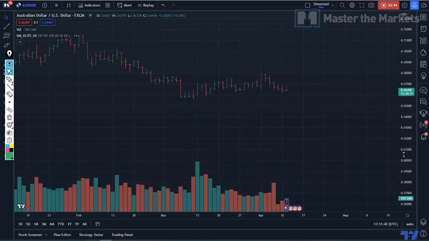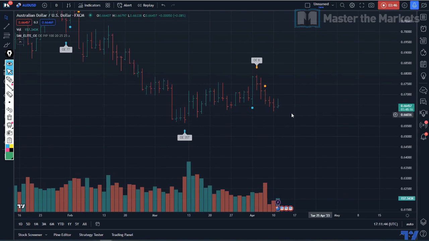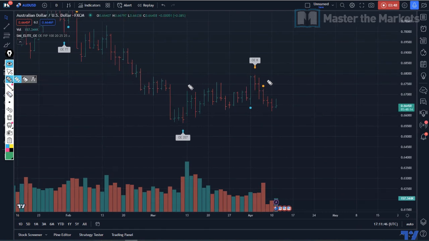And how we do it here at Master the Markets is that we wait. We don't take this top to bottom move because I'm looking to capture a bottom on a weekly time frame for that to confirm. So what I will do is I'll wait for this daily bottom at some point for the blue dot to come in.